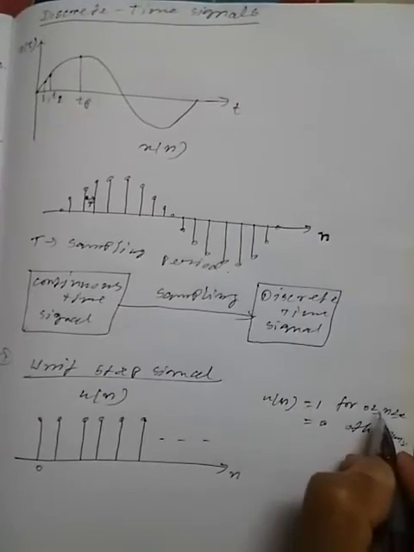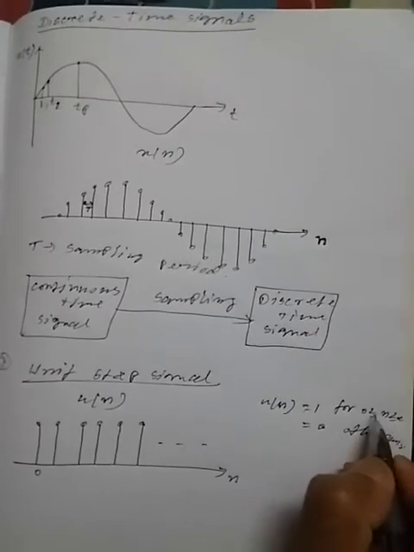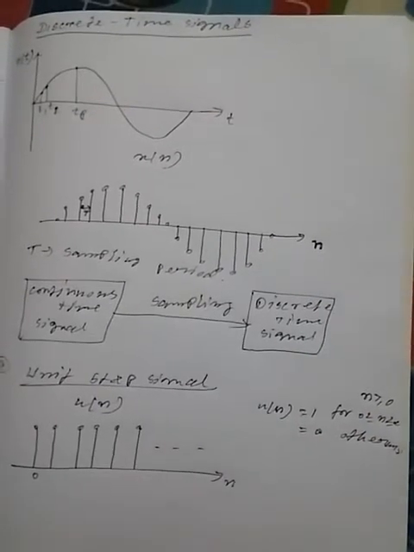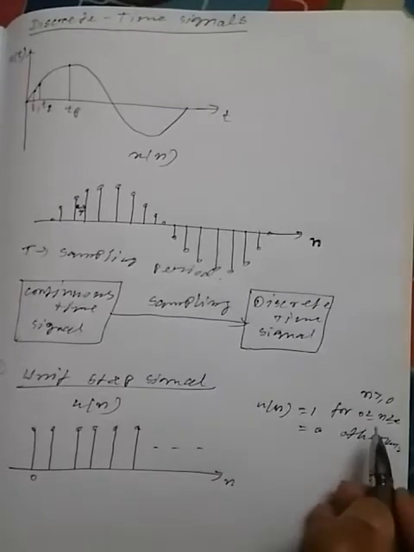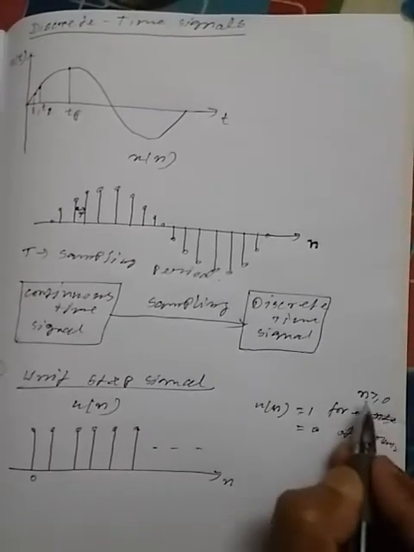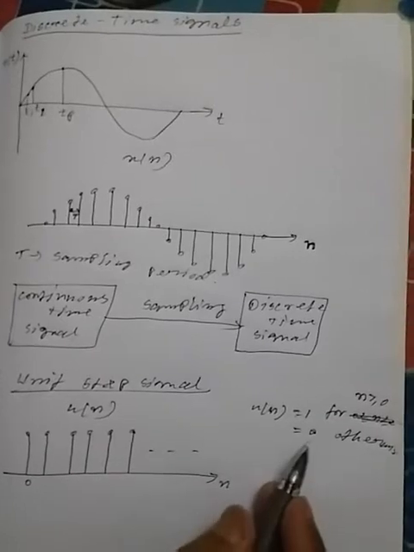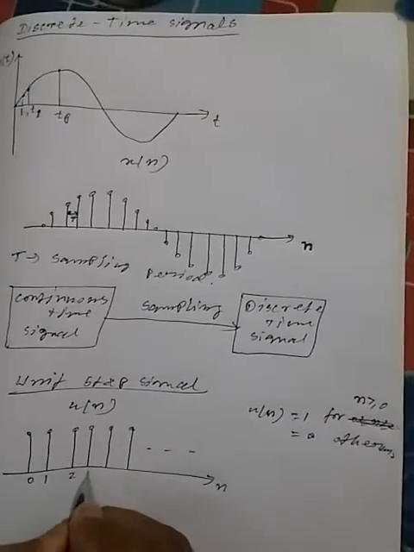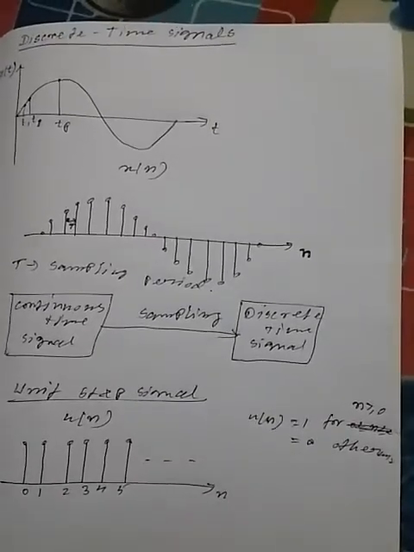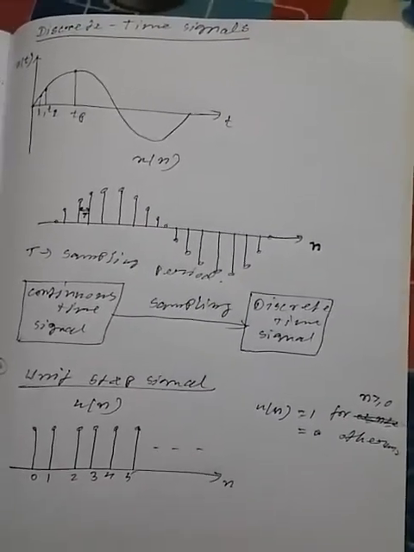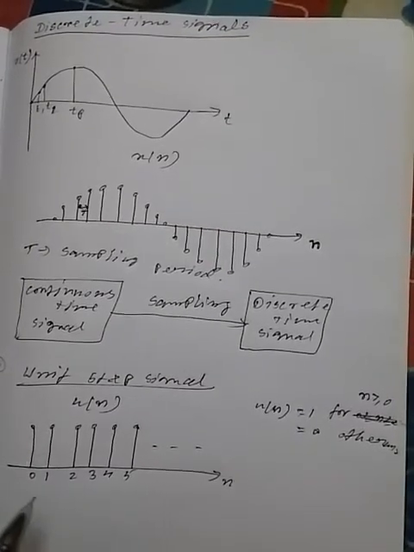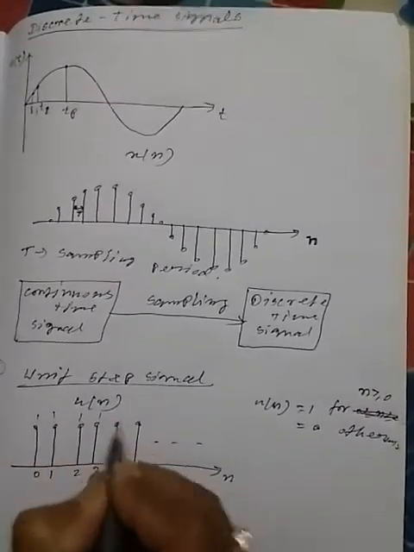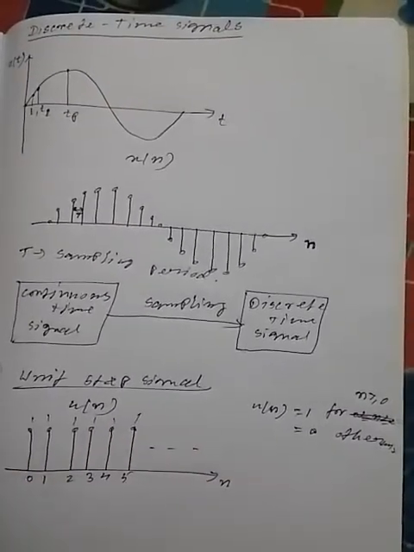It can be represented this way also: u of n equal to 1 for n greater than or equal to 0, that will be most suitable, and 0 otherwise. It starts from 0, 1, 2, 3, 4, 5, like this. But the signal does not have any value for negative values of n. The amplitudes are obviously 1 since it is unit step signal.